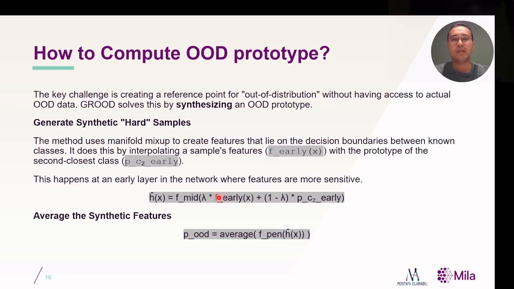Then we get the penultimate layer output, and we take the average using just in-distribution data. So using the in-distribution data, we mix it up with the second top class for each input data point. And then we get a nice reference point as an OOD.